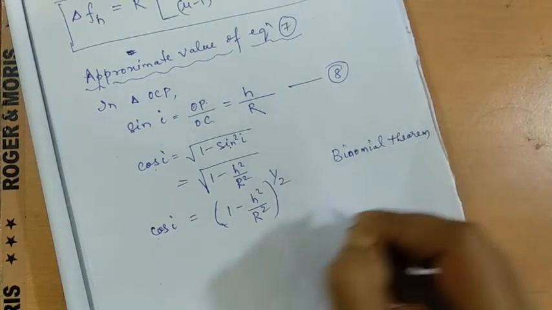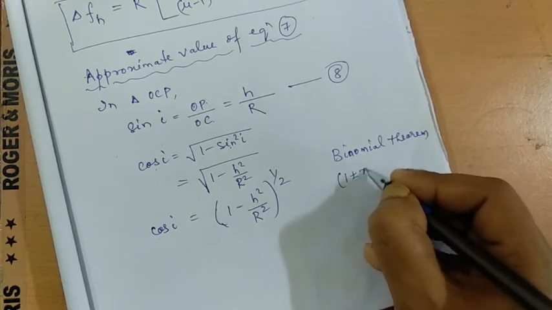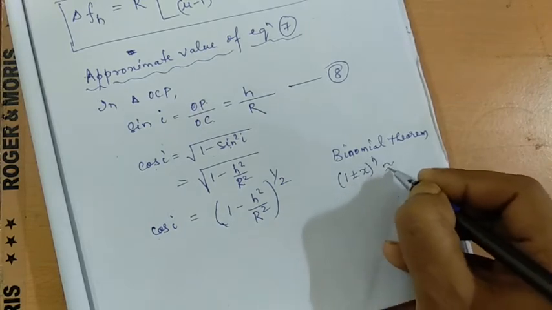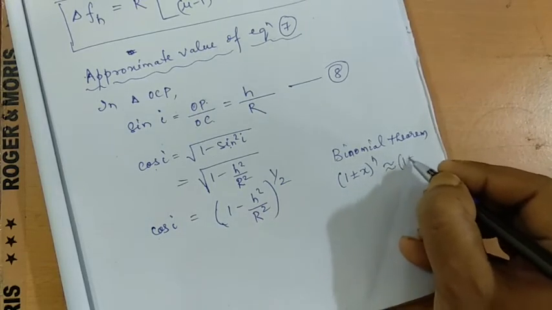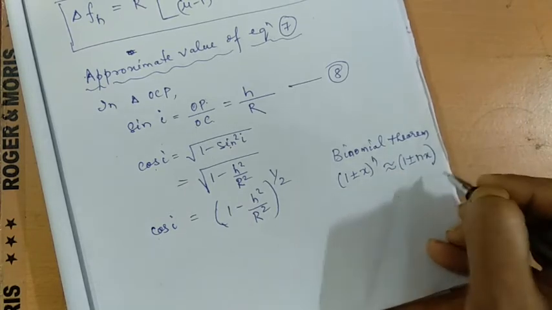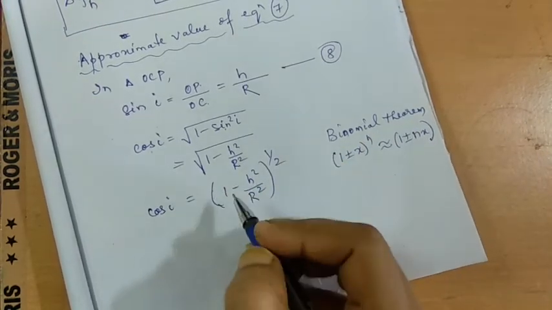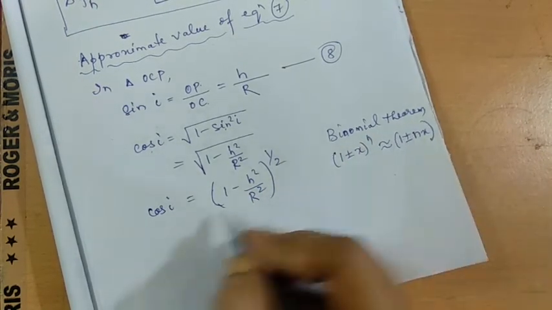Using the binomial theorem, that is if you have (1 ± x)^n, then that is equal to 1 ± nx, neglecting the higher terms of x. So here is the same thing. I am putting this value in this equation.